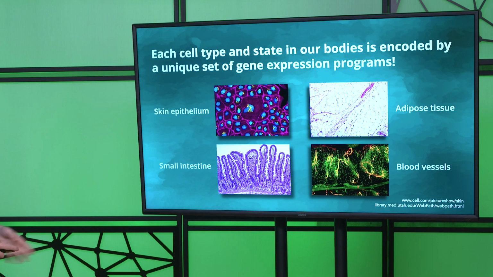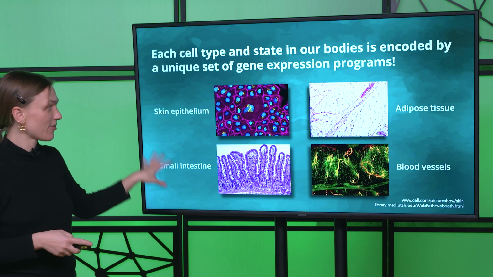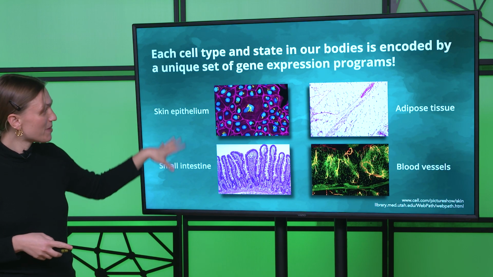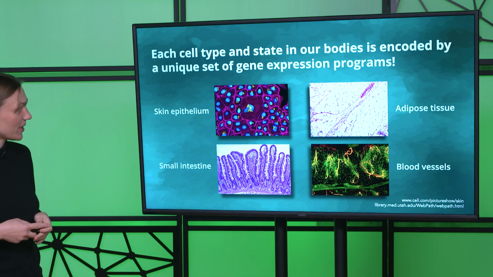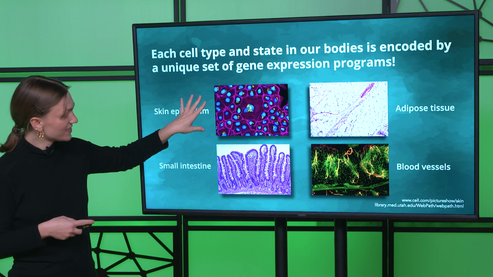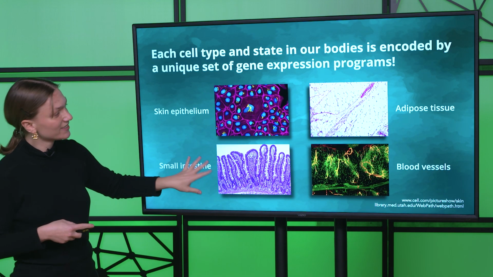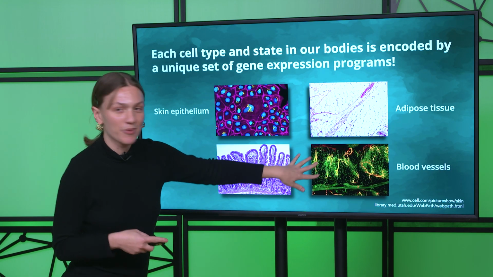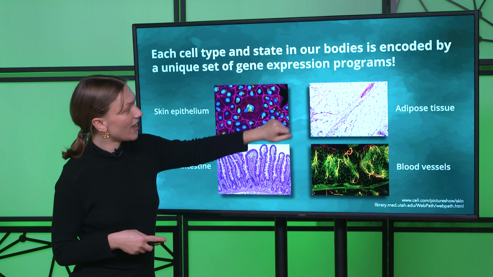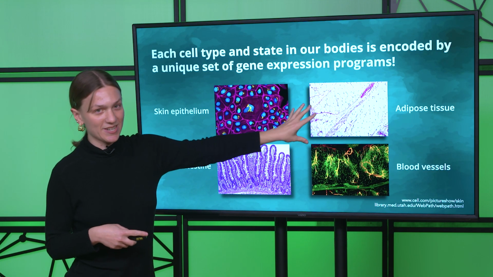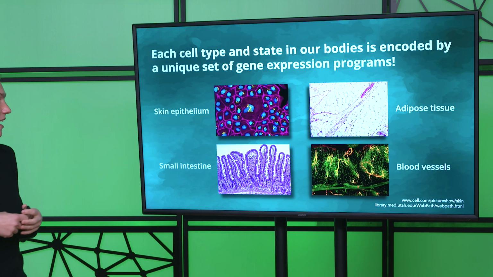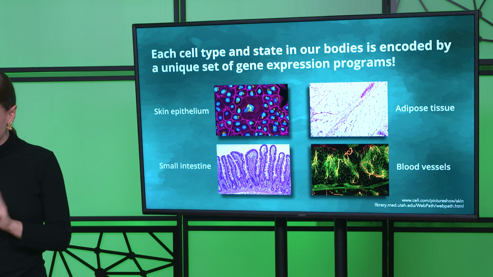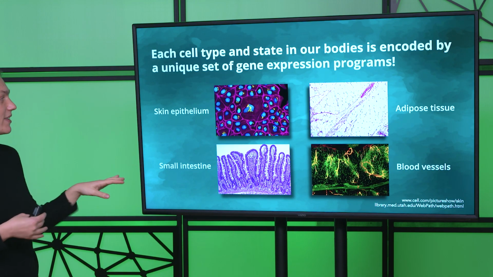From these genes, you can get a really incredible diversity of cell types and tissues in the human body. Here I'm just showing you a few examples. You can see cells in the skin, the epithelial cells, cells in the small intestine, cells that make up your blood vessels, and also the cells in adipose tissue, so the adipocyte cells that we're talking about today. There are really 2 things that are quite incredible when we look at this.